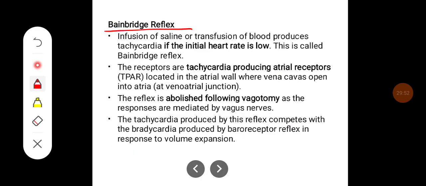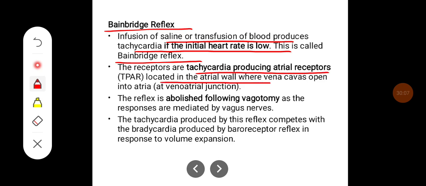Bainbridge reflex. Infusion of saline or transfusion of blood produces tachycardia when the initial heart rate is low. This is called Bainbridge reflex. The receptors are tachycardia-producing atrial receptors located in the atrial wall where the vena cava opens into the atria. The reflex is abolished following vagotomy, as the responses are mediated by vagal fibers.